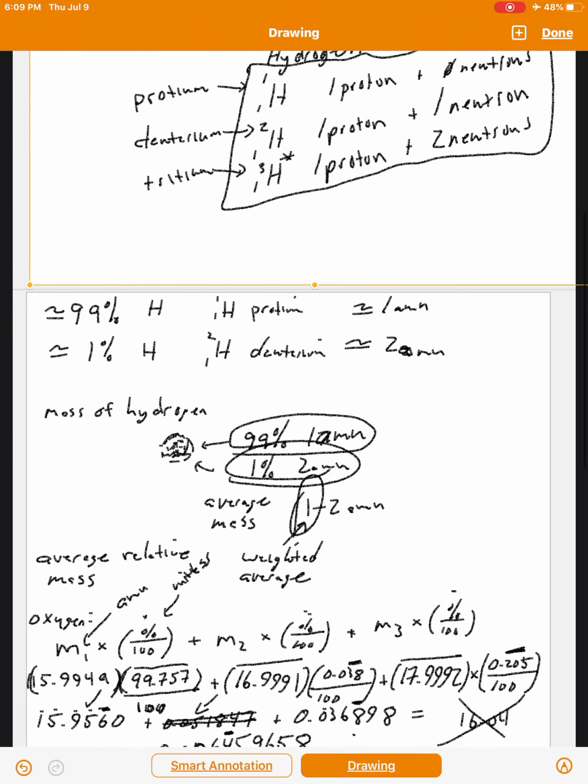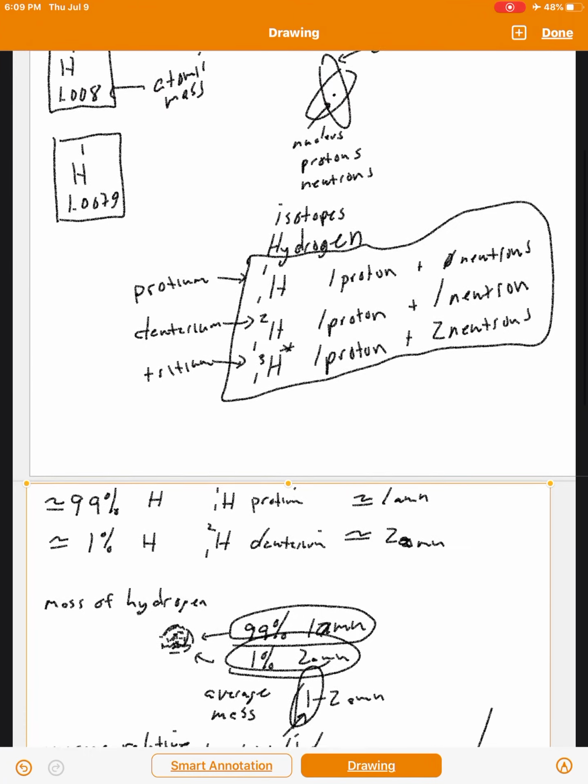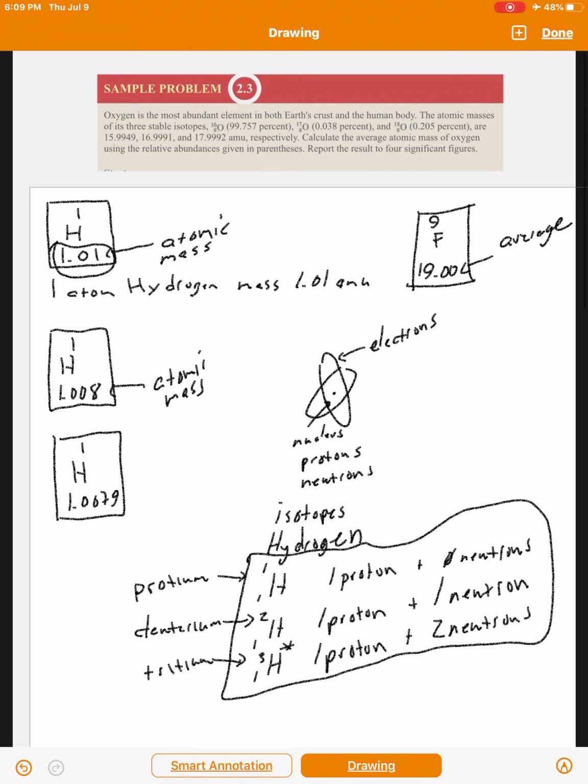We would calculate that weighted average by taking the atomic mass of each isotope and multiplying that by the percentage abundance that's found in nature. Interestingly enough, these percentages vary depending on where you are.